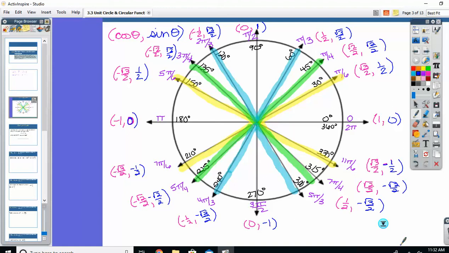I don't know if I'm going to put a complete circle on your test, but if I don't put one on the test, you can ask for a blank one and fill it out if it would help you on the test. Okay. This is just another tool to help us evaluate the things that we've already been doing. So I like to show you several different ways. This is just another way of doing that. Any questions?